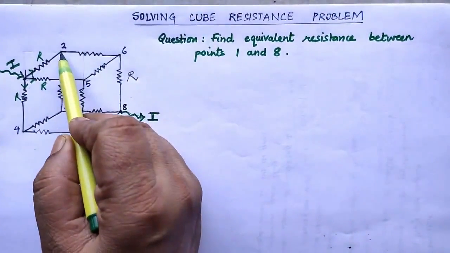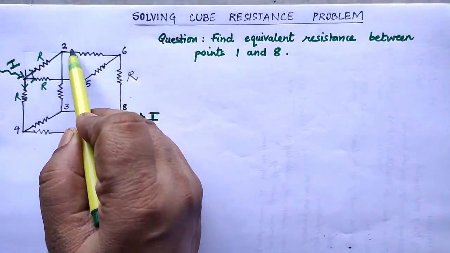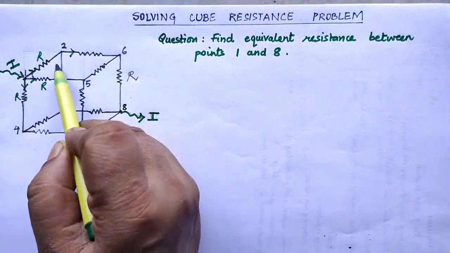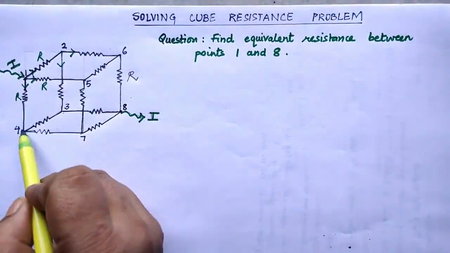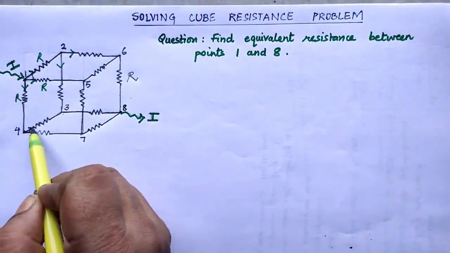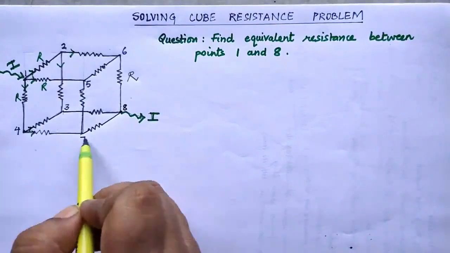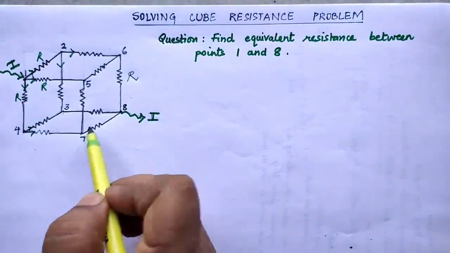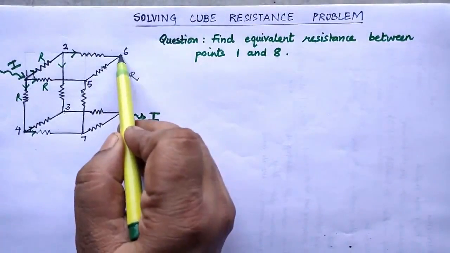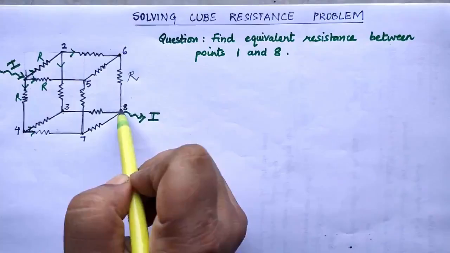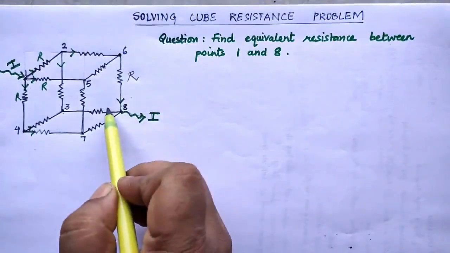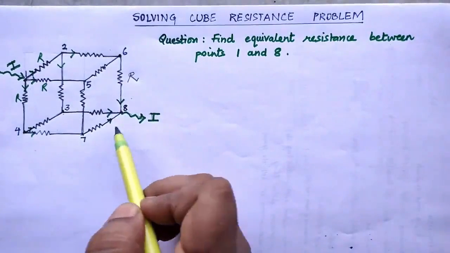So at points 2, 5 and 4, we have the same potential. Now the current from point 2 sees 2 paths. It can go to 6, it can go to 3. From 4 also there are 2 paths. Current can move to 3 and it can move to 7. From the points 6, 3 and 7 there is only one path leading to point 8: 3 to 8 and 7 to 8.